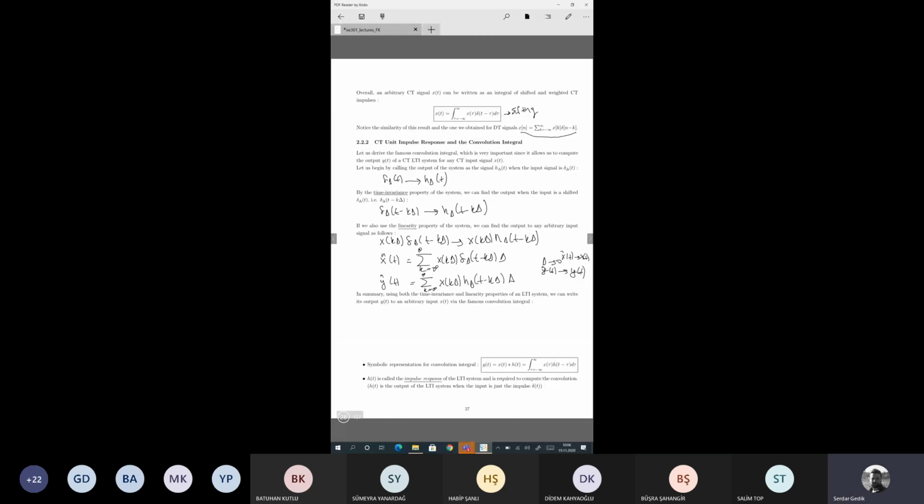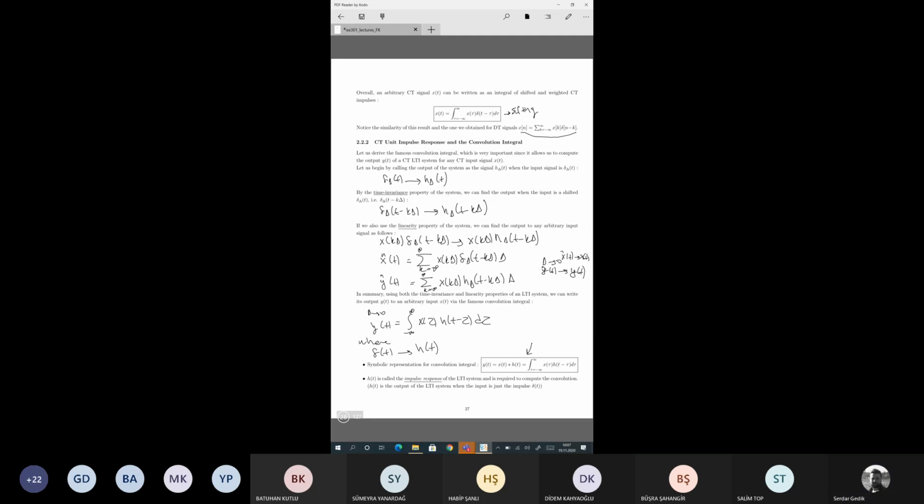Then as delta goes to 0, y of t is simply the integral from minus infinity to plus infinity of x of tau, h of t minus tau, d tau. And of course, the impulse of t has the response h of t. So this is our convolution integral. Actually, this brings us to the convolution integral.